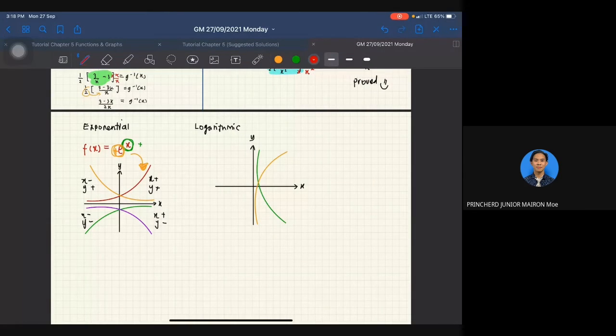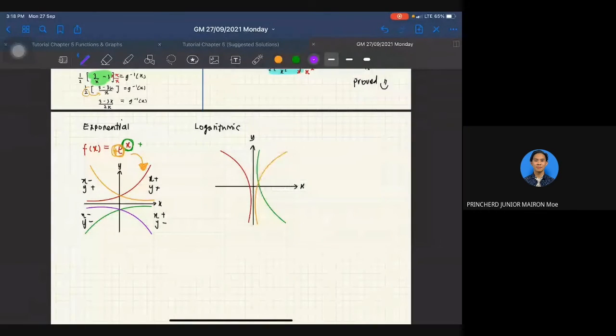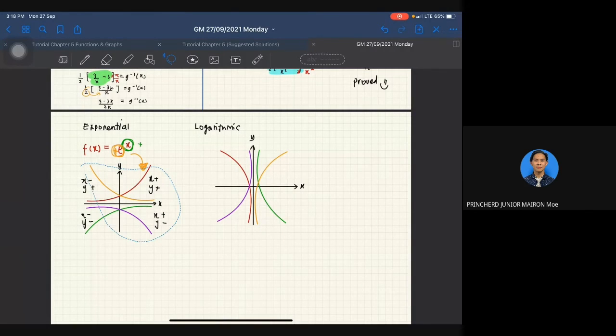So dia from the second quadrant over here, dia pergi ke kanan ke bawah tapi tak menyentuh y-axis. Okay, and then lastly untuk third quadrant, from third quadrant naik ke atas macam tu.